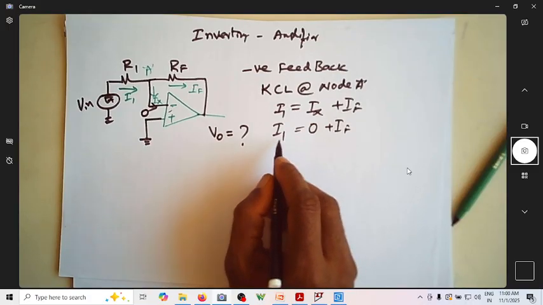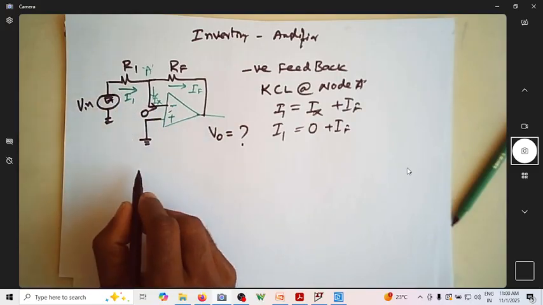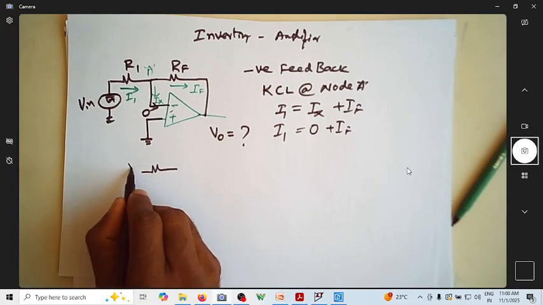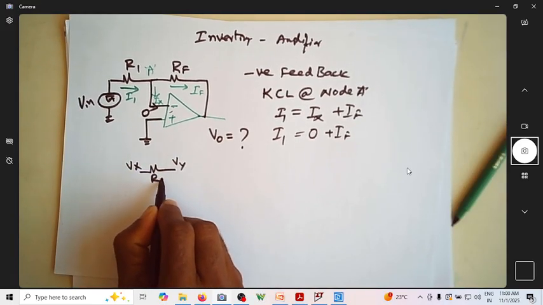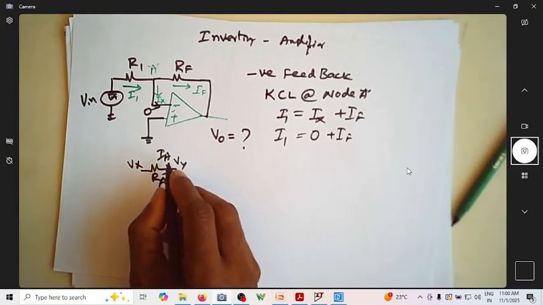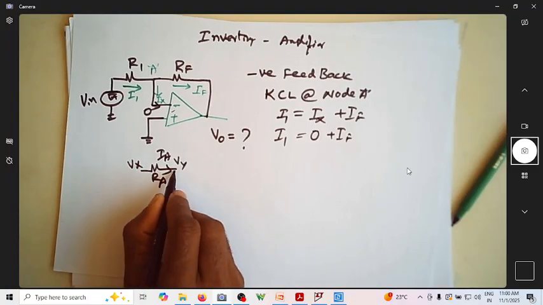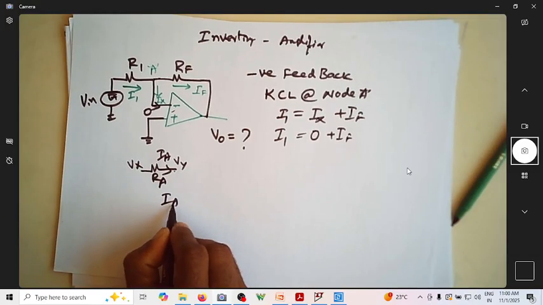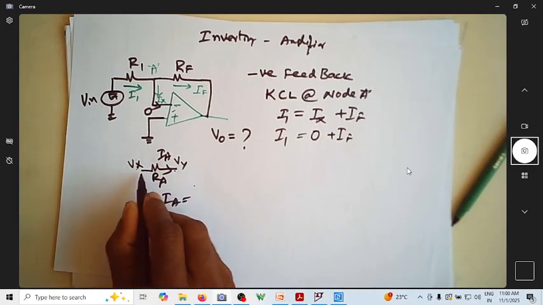What is this I1? We know that I1 is the current flowing through resistor R1. When you have a resistor, if there is a voltage Vx and a voltage Vy, and the resistance is some Ra, then the current flowing through it, assuming the direction from here to here, Ia, will be given by the potential difference across these two, higher potential minus lower potential.